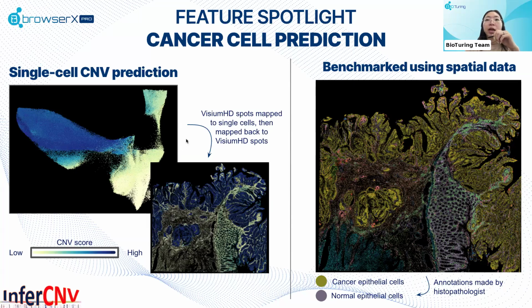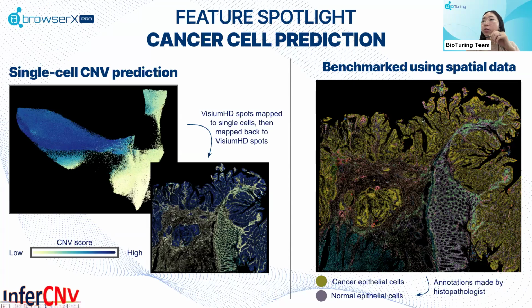tool. One way that we were able to benchmark or verify these results is that within the same data set, an expert histopathologist was also able to go and look at the H&E image and actually look at the morphology of the cells and identify that the cells on the periphery of the tissue are the ones that are actually cancerous epithelial cells.